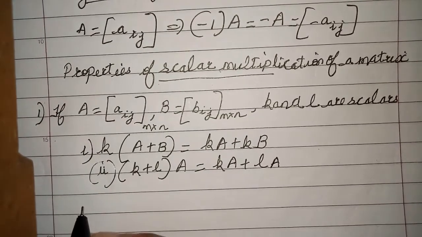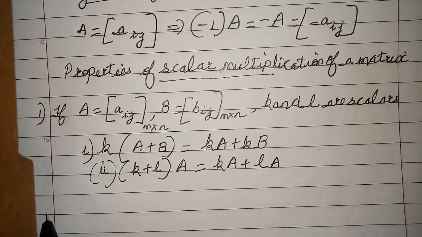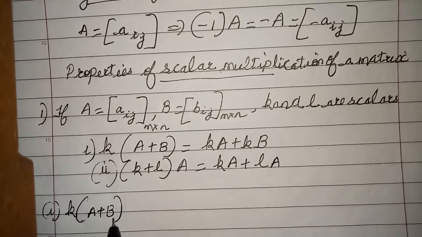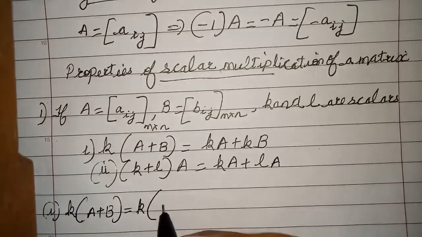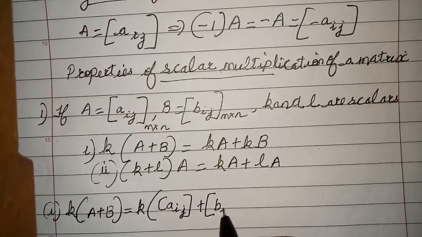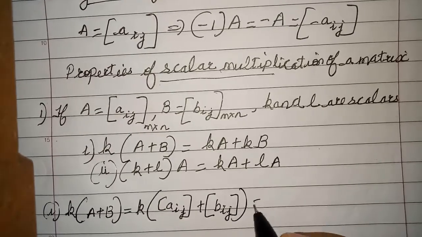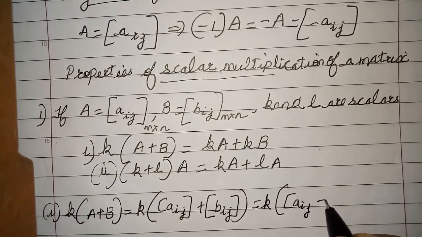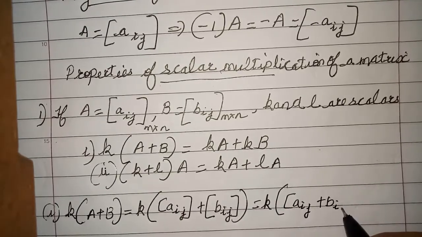Okay, so let's see the first one. k times (A plus B). How will it be, children? By definition, it is Aij. If you know this well, you can skip this step and directly write it as Aij plus Bij.